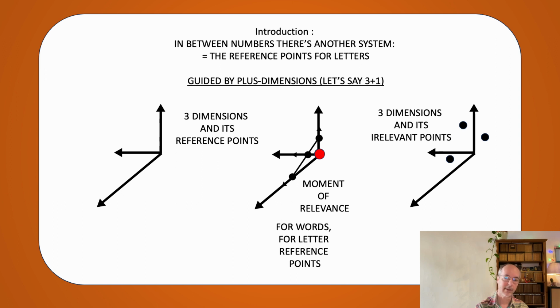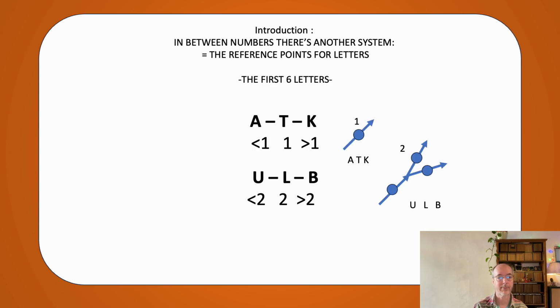In the words it's different, because there will not be random points, but points chosen as reference points that are relevant at that moment. So the connection points start from a moment of relevance, how they hang together. And that makes it a little bit different. I will explain in just a minute.